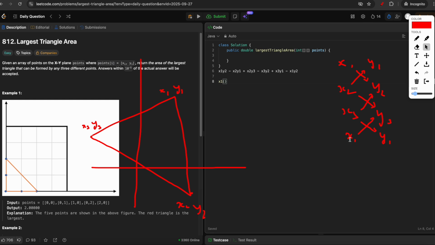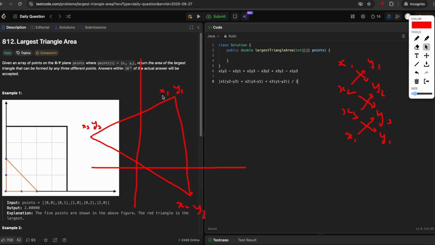If we take x1 common, we will get y2 minus y3, and if we take x2 common, we will have y3 minus y1, and if we take x3 as common, then we will have y1 minus y2. So the absolute value of this multiplication, when we divide by 2, will give us the area of this triangle.